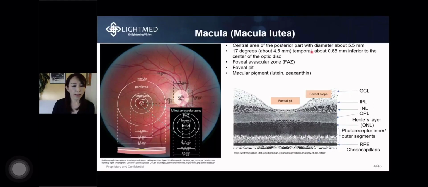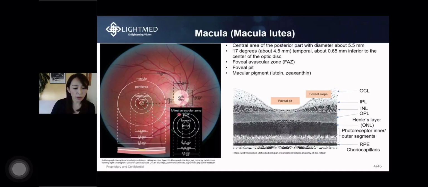The macula is a central area of the posterior part of the eye, about 5.5 millimeters in diameter. This is a little bit lower than the optic disc. And in the center of the macula, there is an area called the fovea. The fovea is about 1.5 millimeters in diameter. And in the center of the fovea, there is a zone without any vessels in healthy eyes.